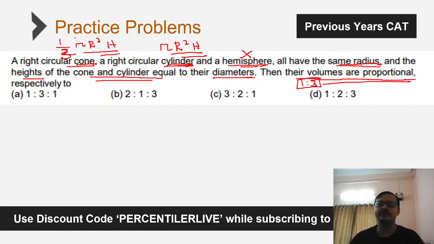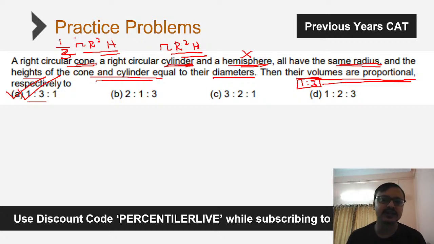Why? Because the cone has a formula of 1/3 pi r square h, whereas the cylinder has a formula of pi r square h. So which option is 1:3? You'll find that there is only one option with 1:3.